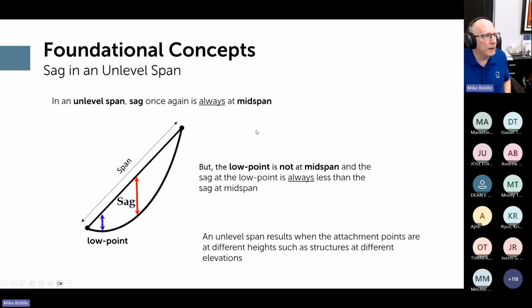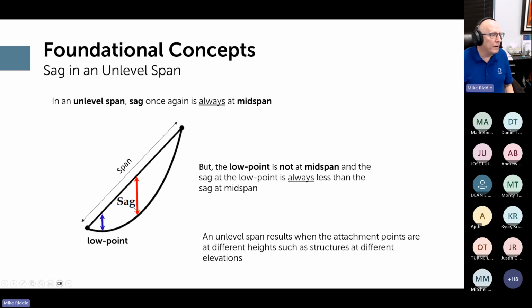In an unlevel span, maybe this is a little bit surprising to you, but the sag is still always at mid-span. So it's always halfway between the two attachment points on this straight line between the two attachment points. But in an unlevel span, the low point is not at mid-span. And the sag at the low point is always less than the sag at mid-span.